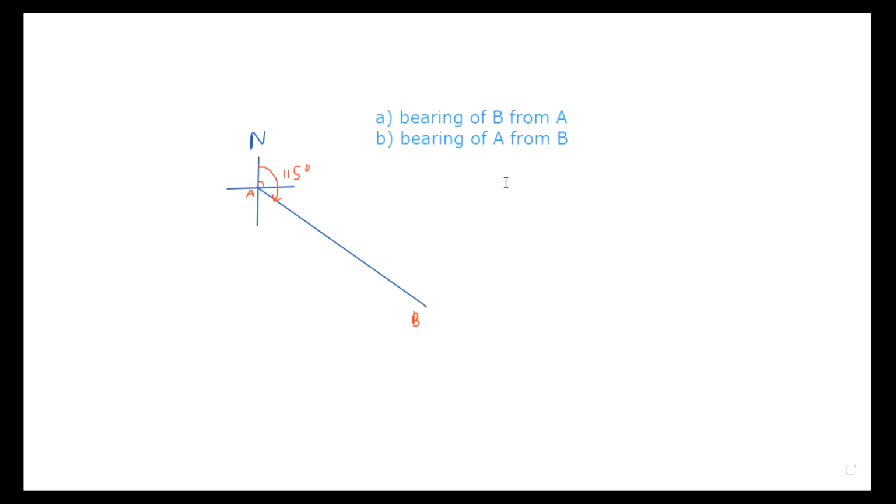Very good. And what's your name? Selene. Okay. When I'm on the whiteboard, they don't really show me who's talking. And who was the one that told me bearing of B from A the first time?